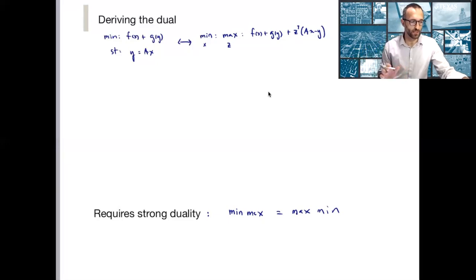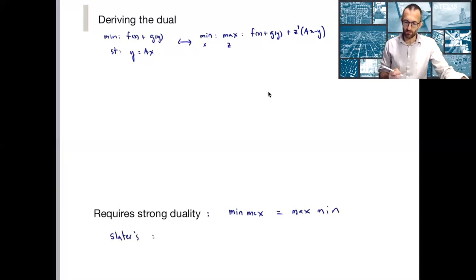But for us, it's going to be enough to just assert that this is true. One of the most common sufficient conditions is Slater's.